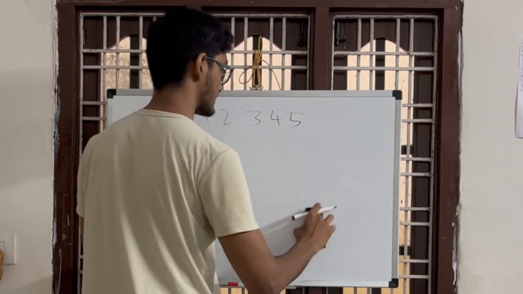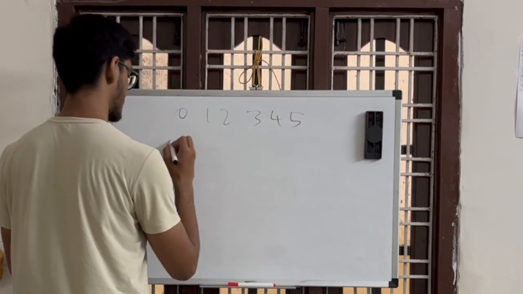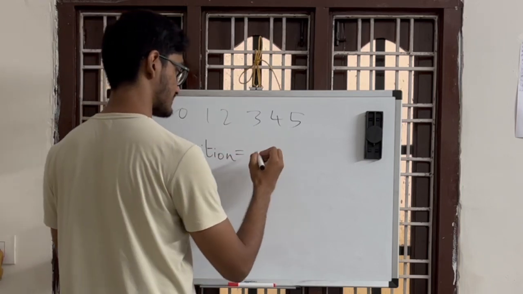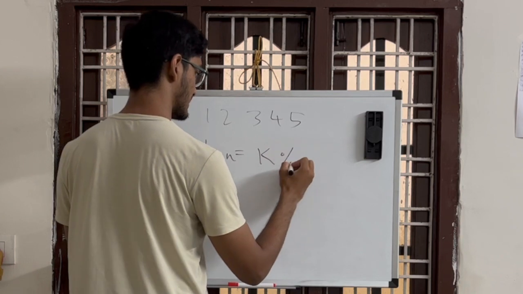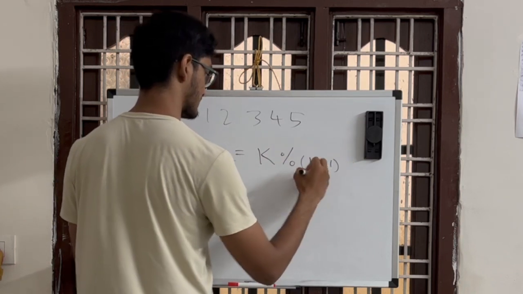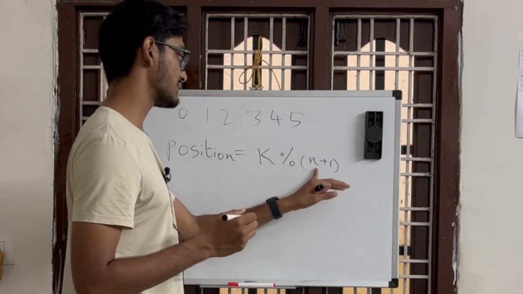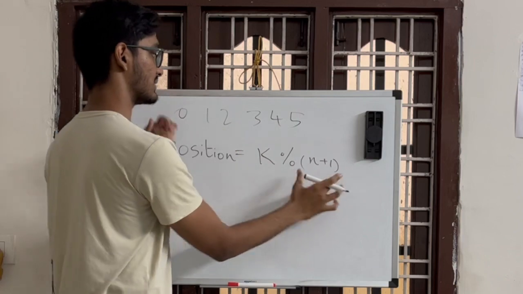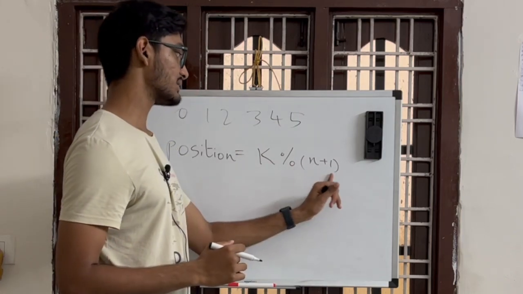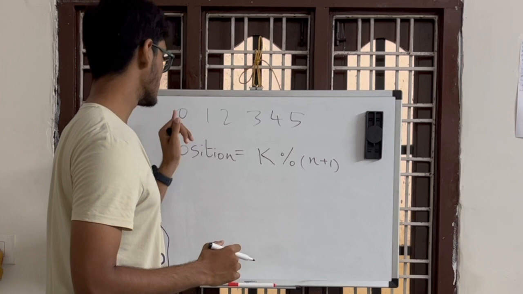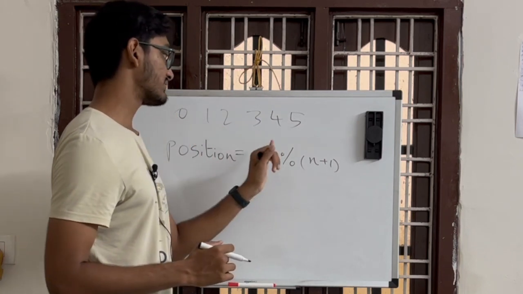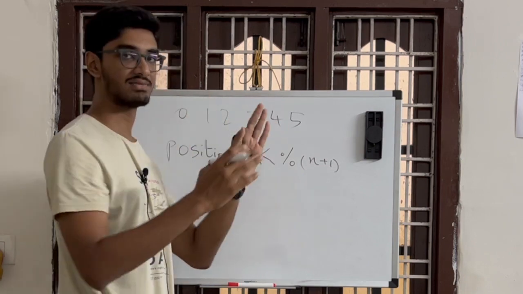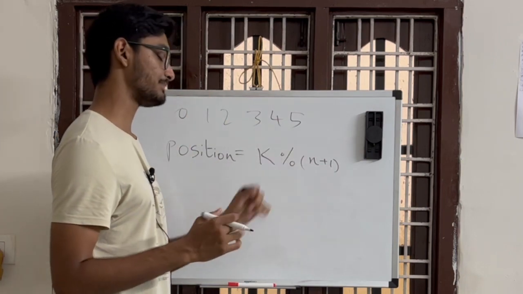This is where the position thing comes in. Position is equal to k percent n plus 1. That's it. Simple. Basically n plus 1 because the length of the array here is n, and you're adding another element, so n plus 1. So k percent n plus 1 will give you the position of this separated number after we perform k operations, which means after we right circular shift it k times, we'll get 0 here.